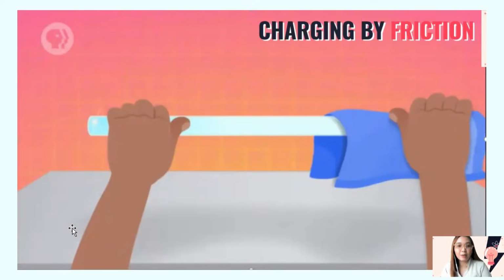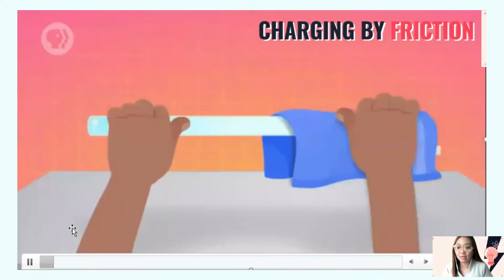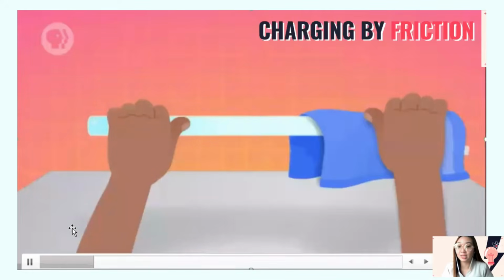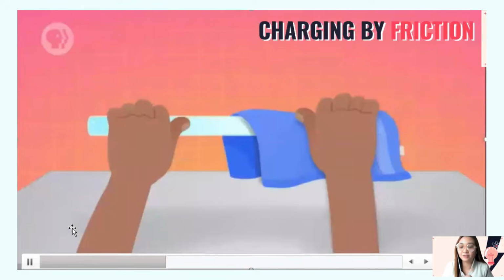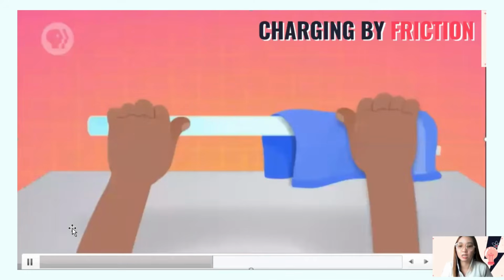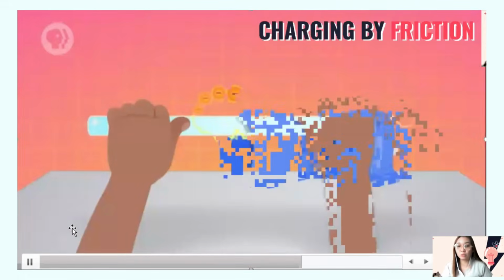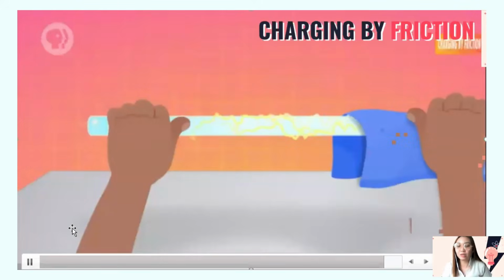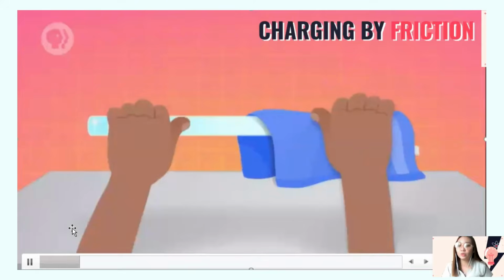Kapag nakapag-produce ng heat, na-excite yung ating mga electrons. That's why nakakapag-transfer siya from one material to another. In this case, based sa ating diagram, from the rod to the wool. Makikita natin nung na-excite yung electrons, na-transfer yung mga electrons doon sa wool.